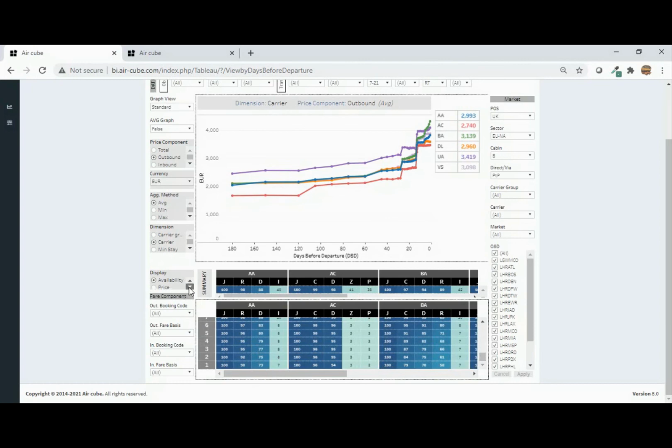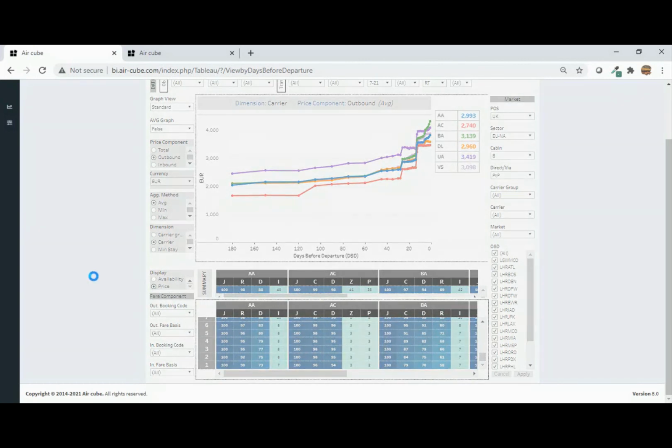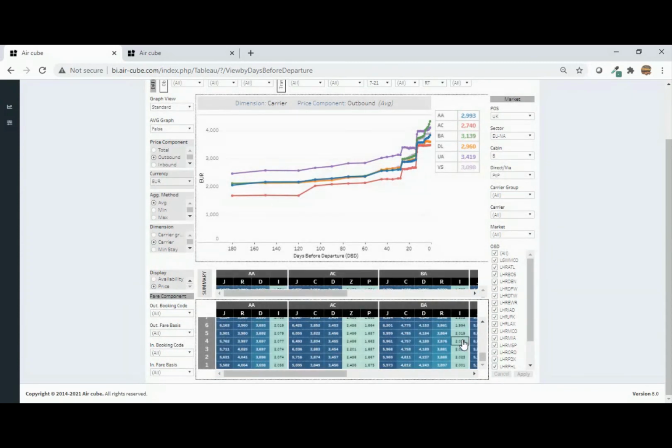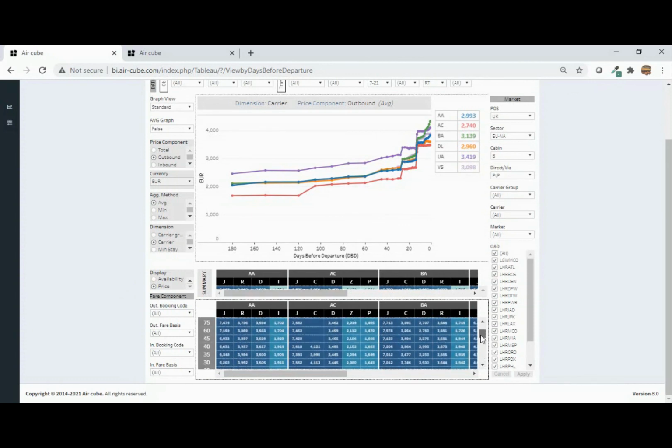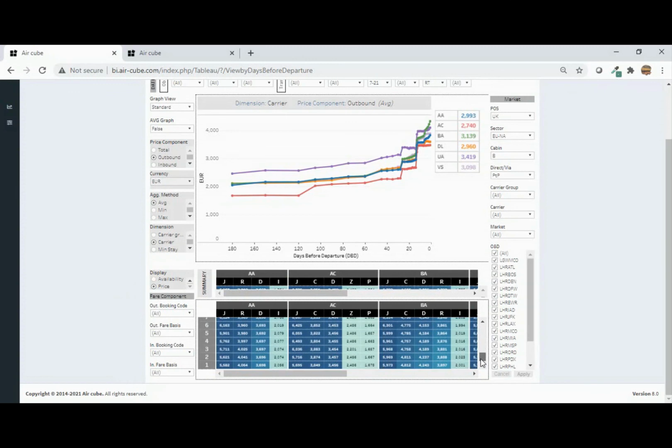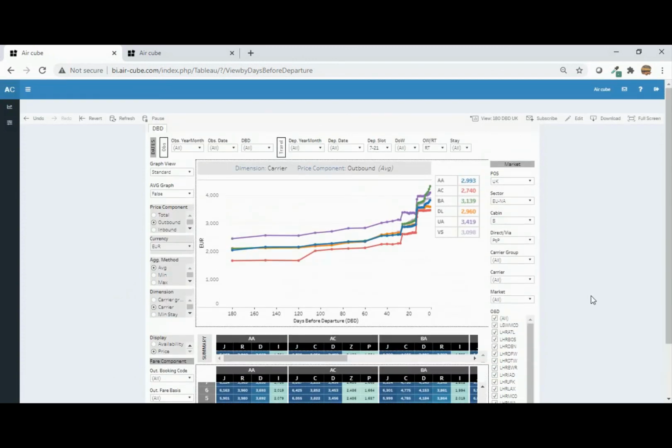For this table, we can switch between the view by availability and a view by price. So here, of course, you'll be seeing the average price for each of these booking classes, either in a total summary or again by day before departure.